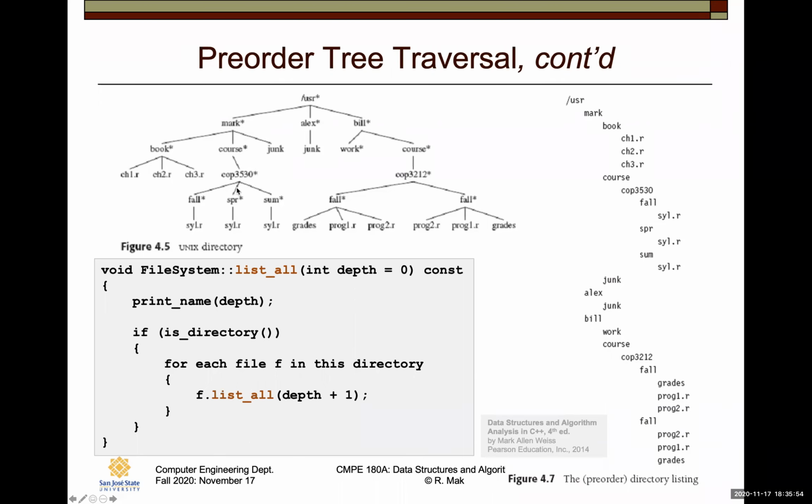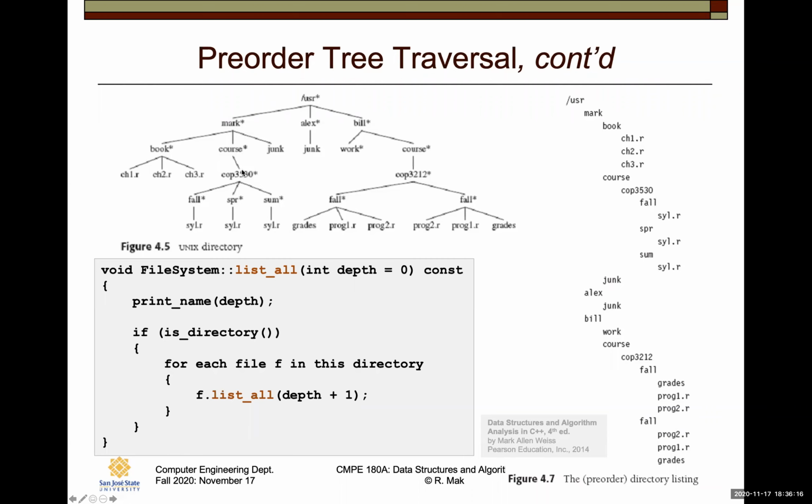And now we visit the children of this node, and the first one is fall. So we write out fall, we visit fall's children, and we write out SYL. When we're done with this child, we go visit the next child, that's SPR, and I guess these are syllabi, and then the summer, and so forth.